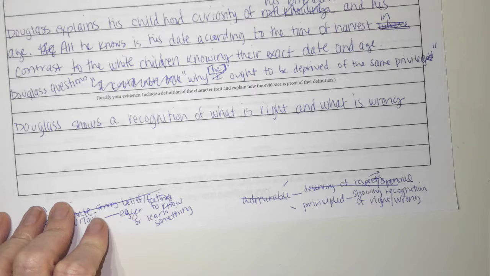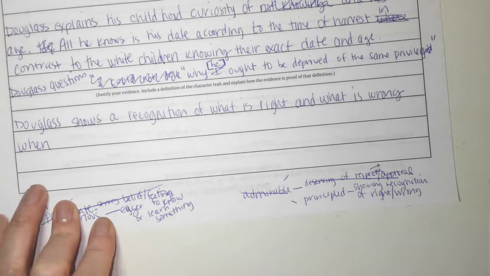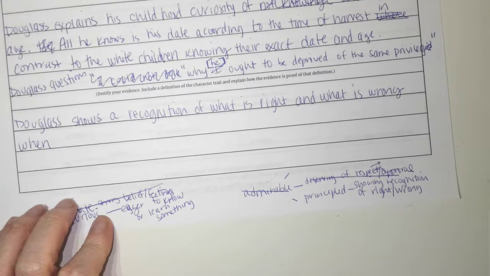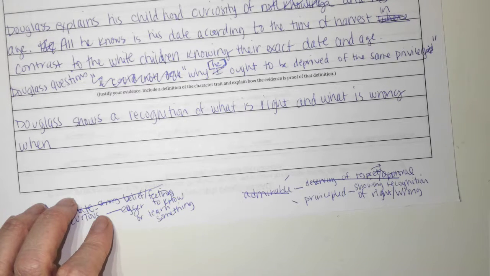What does he believe is right? Wait, Guadalupe, what did you say? Like before, when we were talking about this, you said he recognizes something. It was really good, and I was like, oh, I'm going to come back to that.